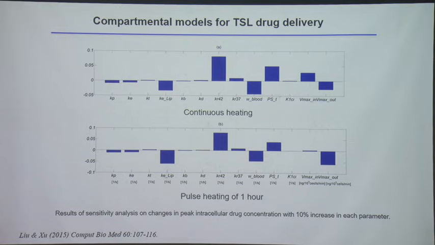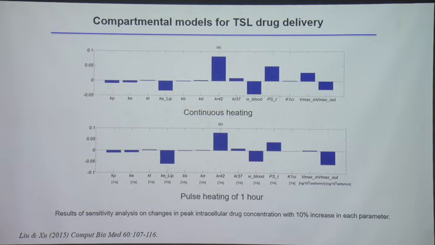concentration. So for instance, what this bar means is that increasing this parameter by a certain amount has a negative effect, so it reduces the intracellular drug concentration by this amount. When you look at this kind of map, this is done for continuous heating or pulse heating for 1 hour, but basically the trend is similar.